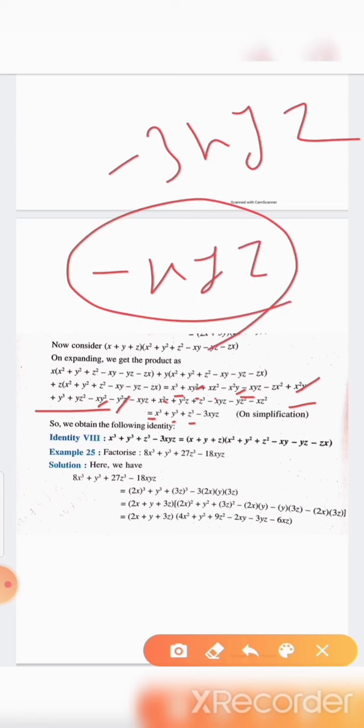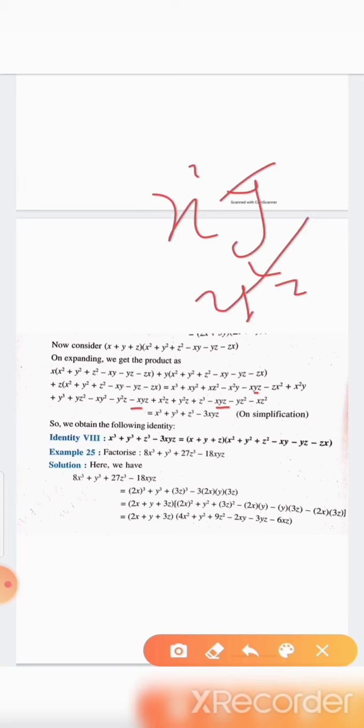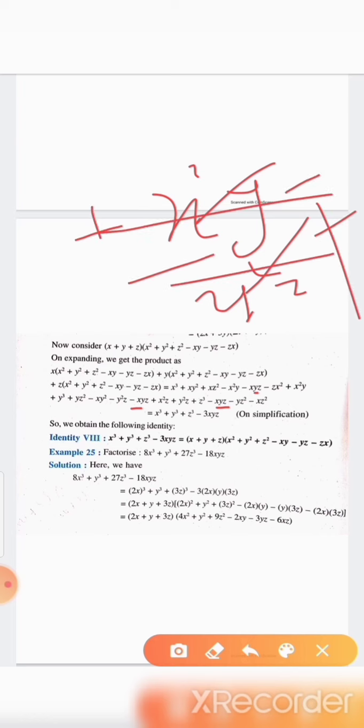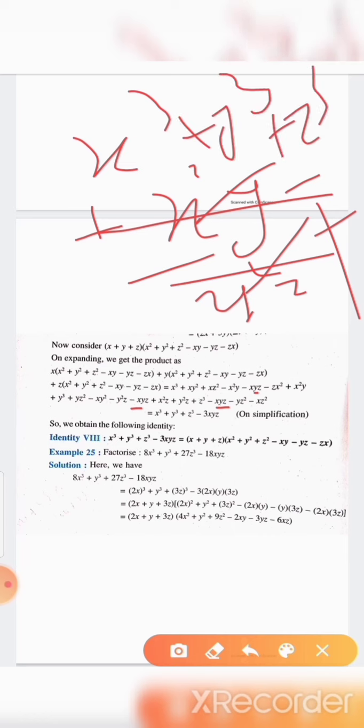Here the first, here the second, and here the last. All the terms like this are cancelled by plus and minus, and lastly we get only x cube plus y cube plus z cube, and then 3 times minus xyz.